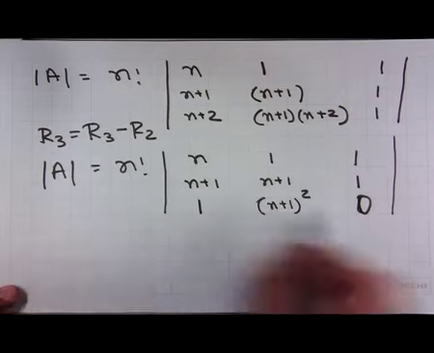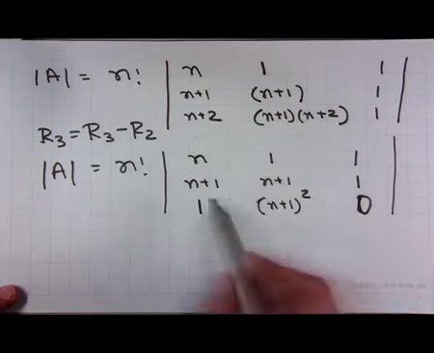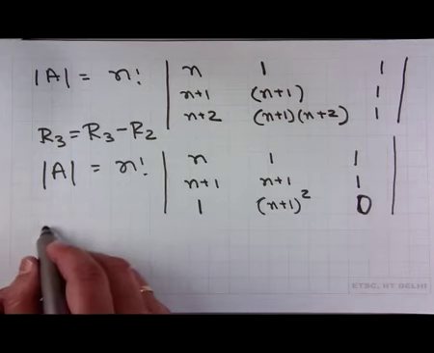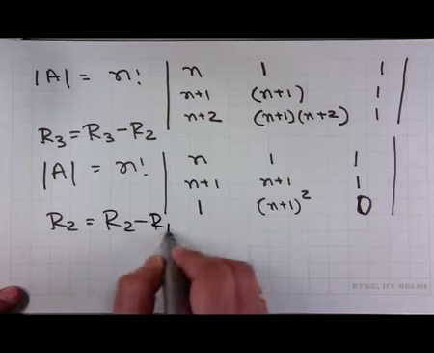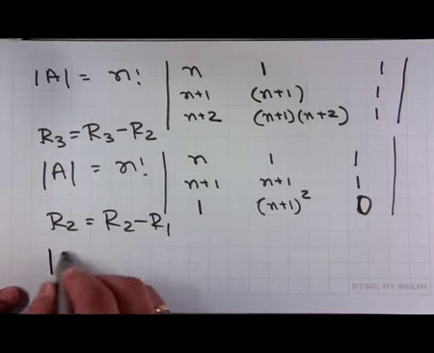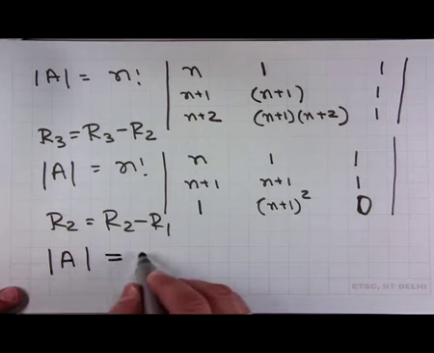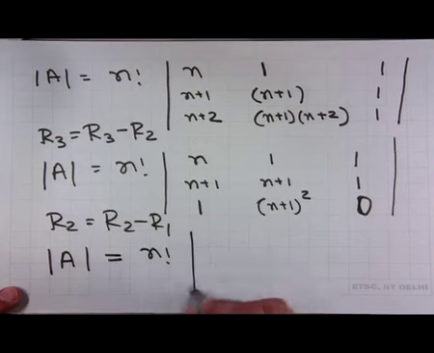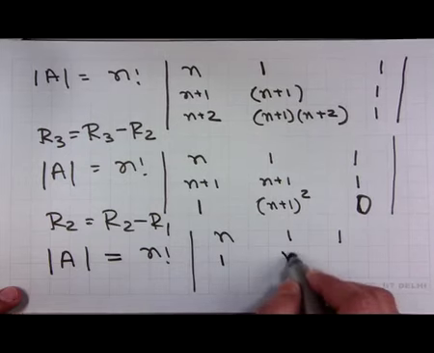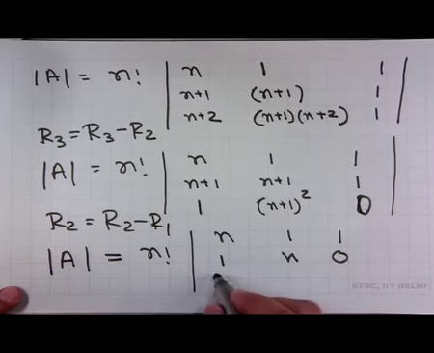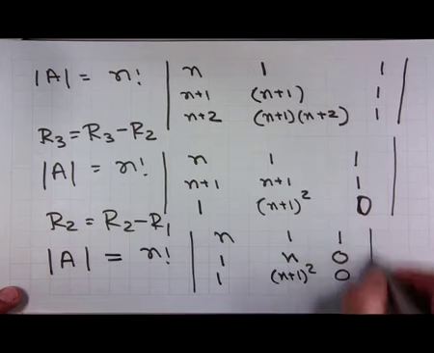Now, we simplify it further. What we do? We subtract row 1 from row 2. Therefore, replacing row 2 with row 2 minus row 1, we get determinant of A is equal to n factorial into the determinant of n, 1, 1; 1, n, 0; 1, n plus 1 whole square, 0.